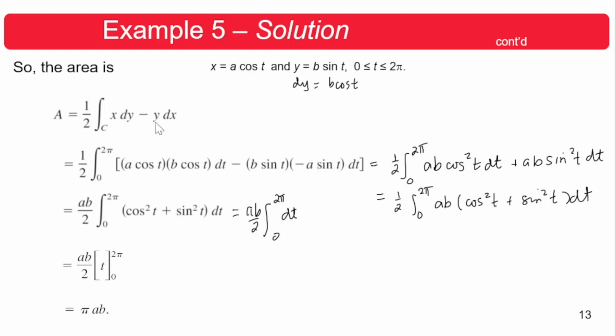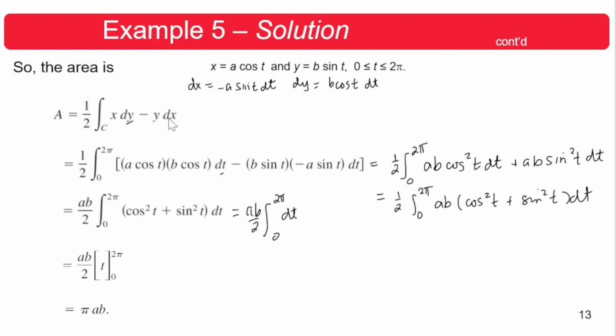Okay, so by substitution, we can replace dy here by b cosine t dt. Okay, and then minus y, where y is b sine t, times the derivative of x. But the derivative of x is negative a sine t dt.